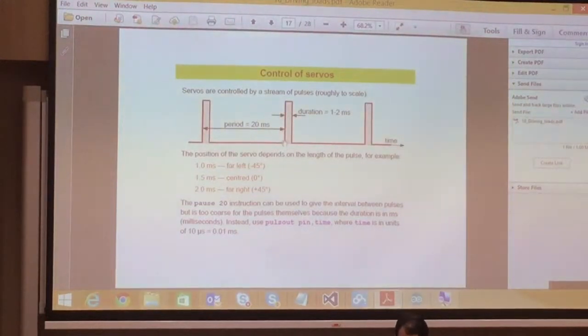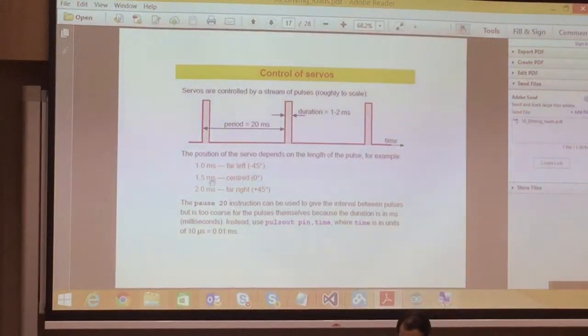To control the servo, you can use pulses, and it depends on the length of the pulse. For example, if the length is 1 millisecond, it will turn to the left by 45 degrees.